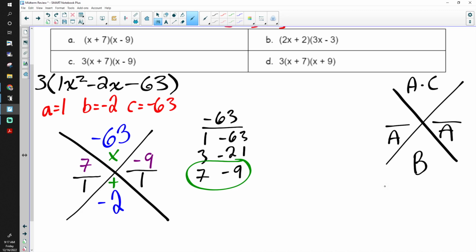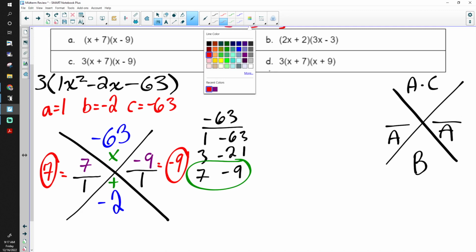Let's simplify the left side, the right side. 7 divided by 1 is 7. Negative 9 divided by 1 is negative 9. Now, a lot of times it might be a fraction and we would simplify that fraction, but here it's just dividing by 1. All we have to do is write our final answer.